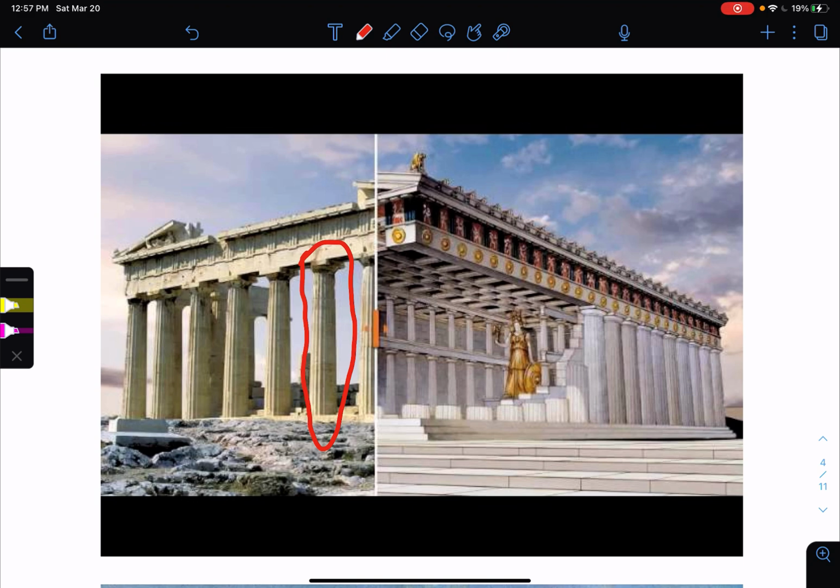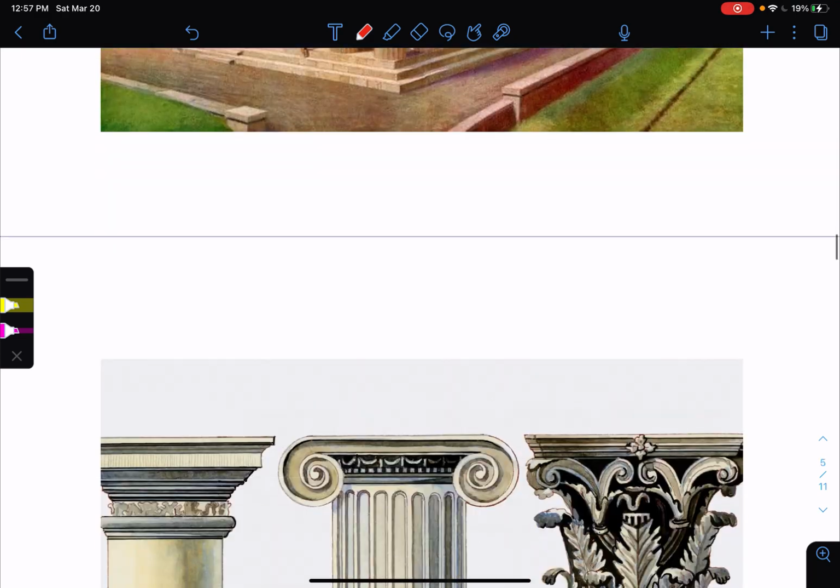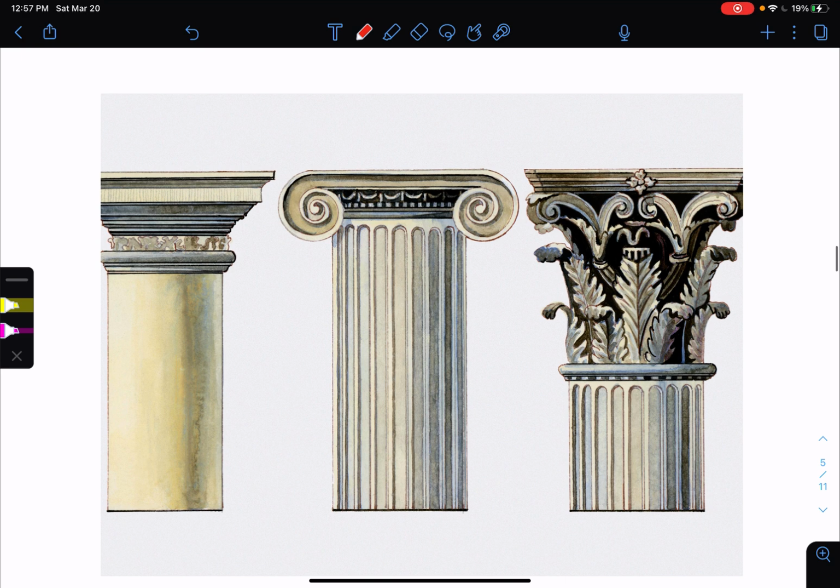The top of the column is known as the capital. This is the capital, and this is the base. Okay, the capital is the top, the base is the bottom. The Greeks developed these columns with different capitals. This is called Doric, Ionic, and Corinthian.